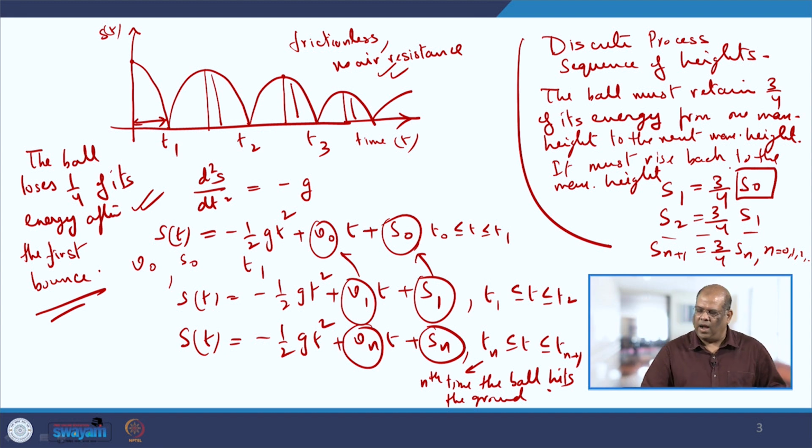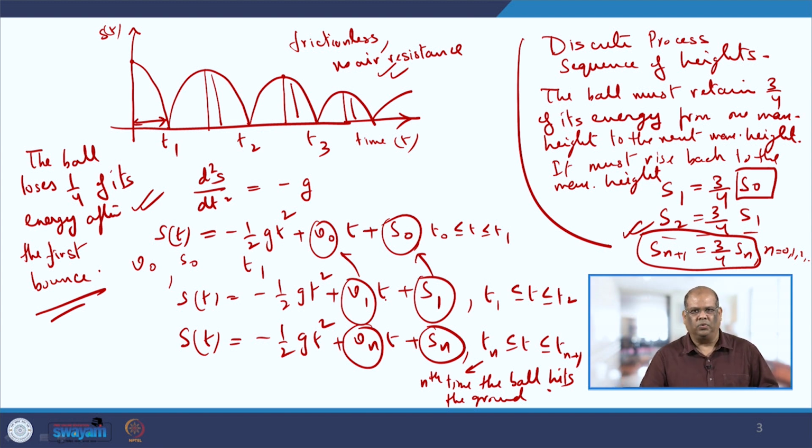So, you can see that if we process the same thing in a discrete way, then your calculation is much simpler and you can get the answer in a very simple way and very easy to understand. Whereas, in this continuous process, it becomes a bit cumbersome and is a long calculation. So, that is why sometimes it is preferable that you use the discrete way of modeling than the continuous one.